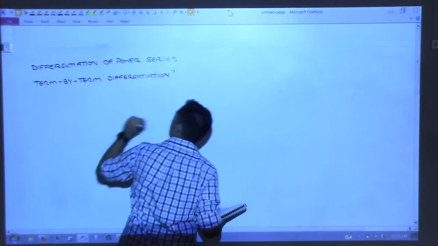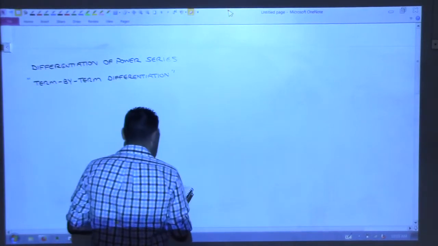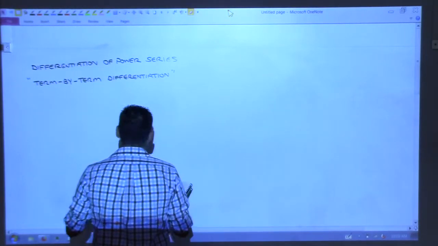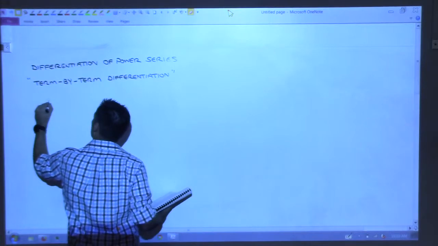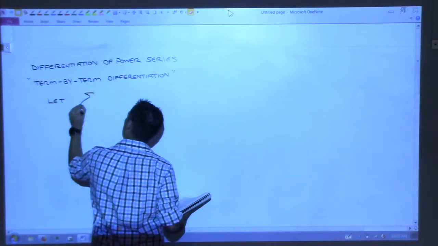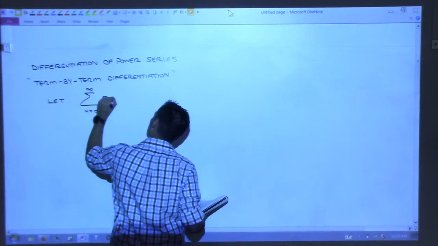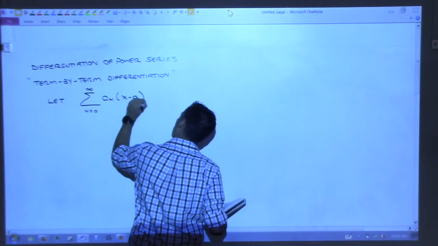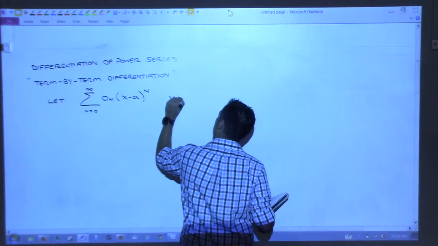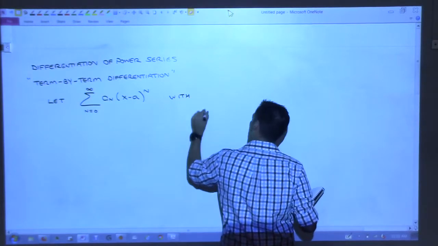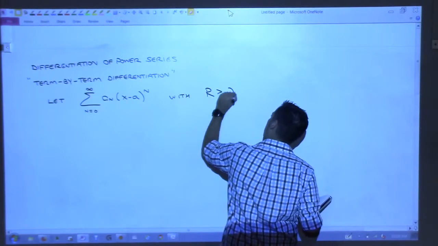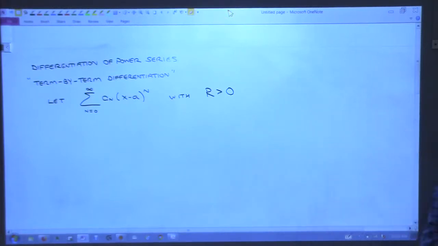And you'll see why. Suppose we have some power series with radius of convergence greater than 0. I didn't mention this earlier, but I should.